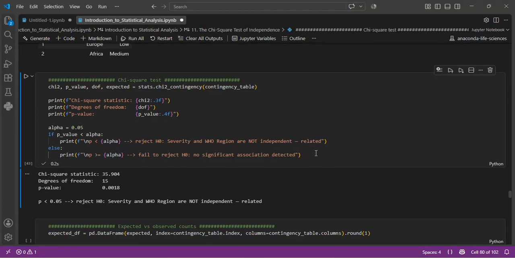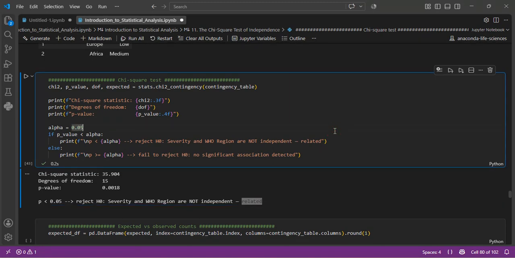And then the outcome from the data that we have is that the severity and WHO region are not independent. So if they are not independent, then it means that they are related to each other. It means that based on where you are, the severity of the confirmed cases, whether there are more confirmed cases, whether the confirmed cases status is high or low, is dependent on region.